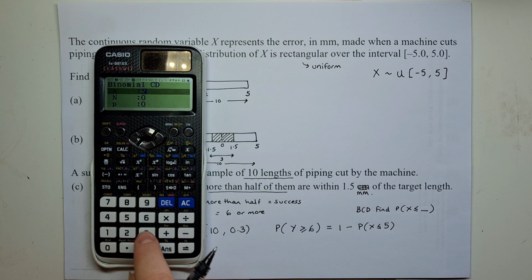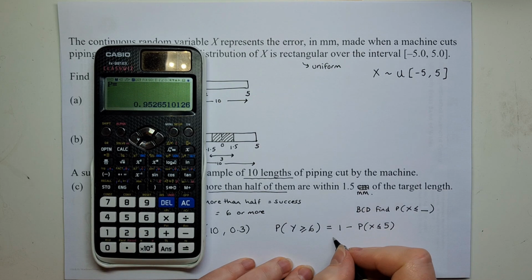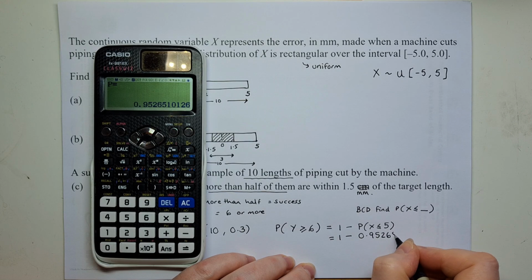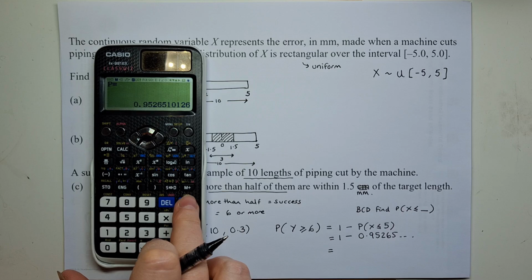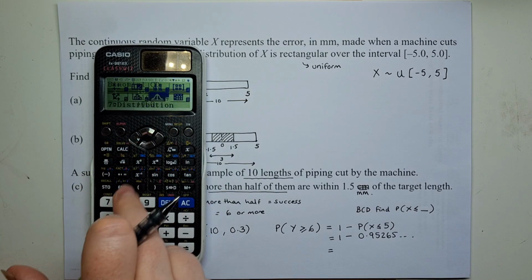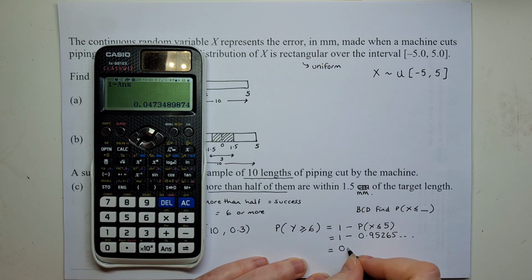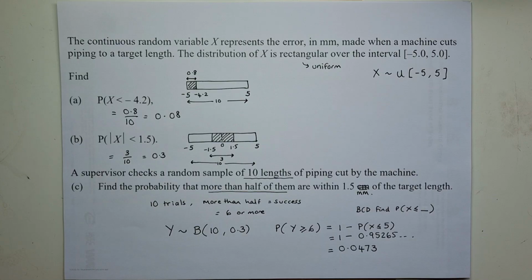So we want to put it in x is 5, n is 10, chance of success is 0.3, and it will give us the probability that we are going to be having 6 or more successes. Okay, I can just go into calculation and 1 minus answer, and it knows what answer we've just had on the stats mode, so you don't have to type it all in again. And then we can just round it however you want. That's 3 or 4 decimal places is lovely with probabilities.